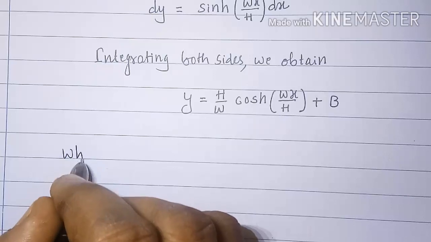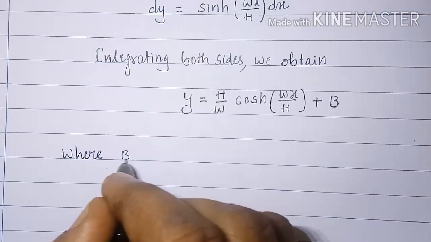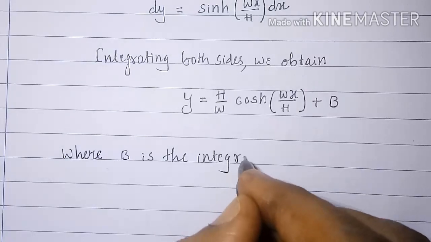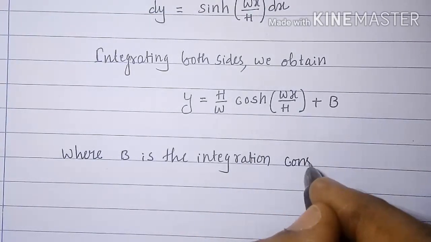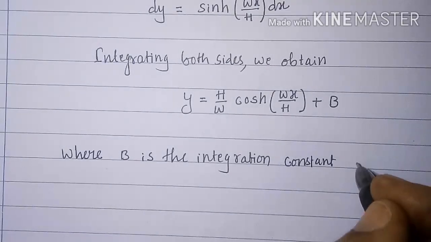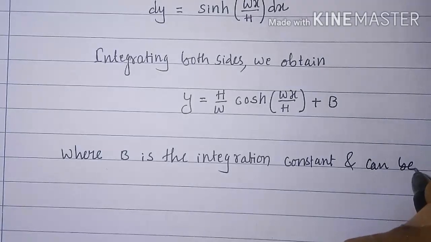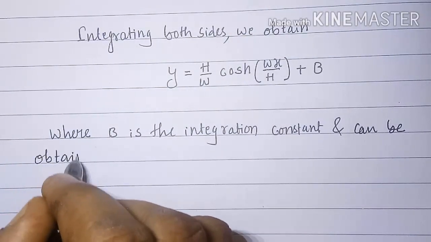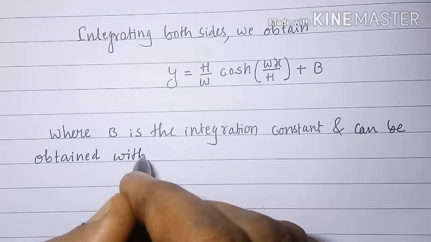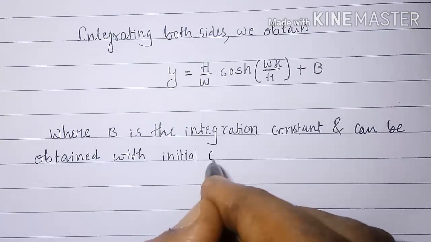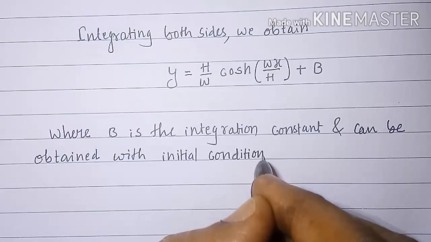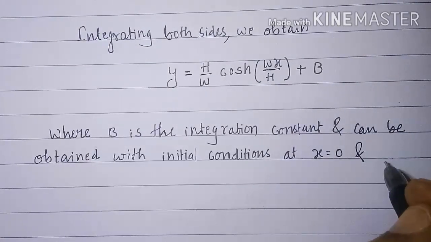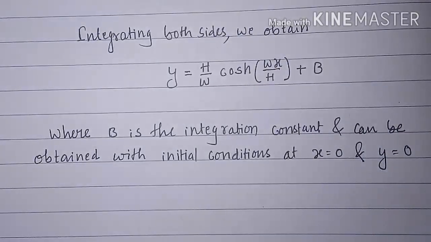So I'll write here where b is the integration constant and can be obtained with initial conditions at x equal to 0 and y equal to 0.